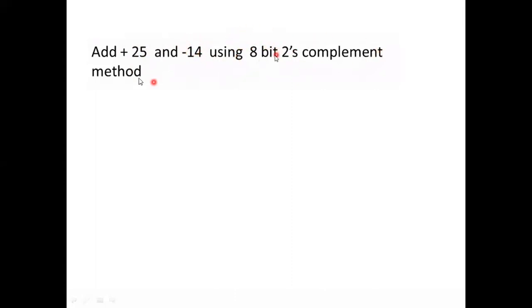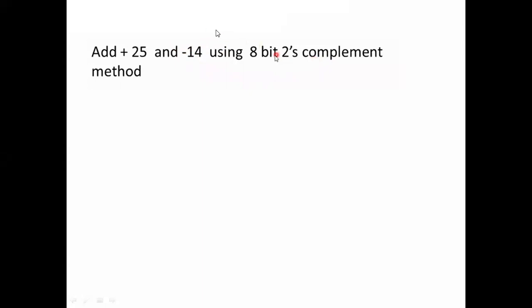Here we are using the 2's complement method. 2's complement method means whatever negative number is in these two inputs, for that negative number we calculate the 2's complement. What is the use of complement? If you take any negative number, that negative number is taken in the form of 2's complement.